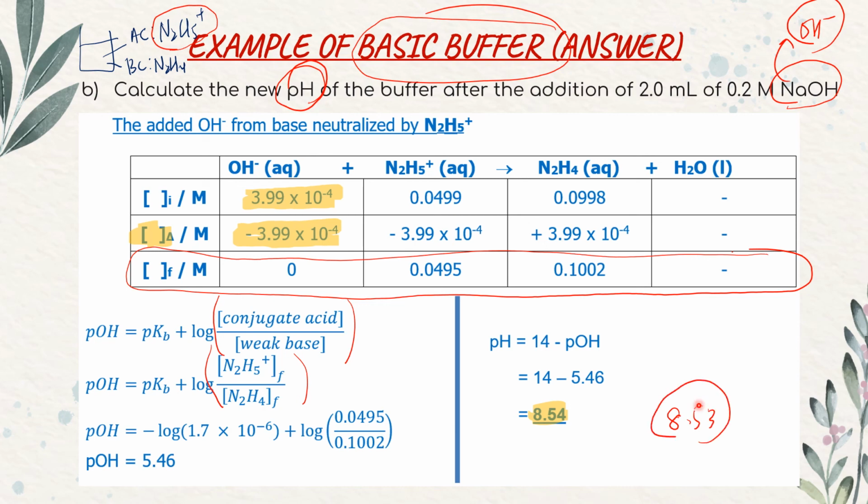So as you can see, even though the pH is not exactly maintained, meaning it is not the same, it changed, but the change is very small. So our buffer system is successful. It can maintain its pH the same or almost similar to the initial pH. So this is our final answer.